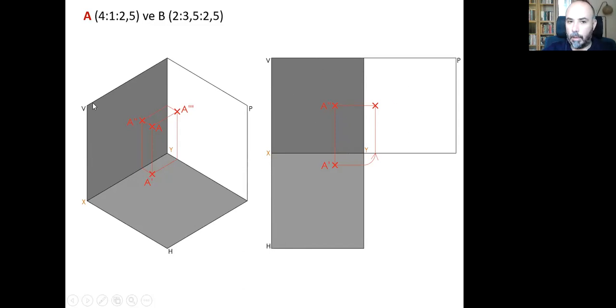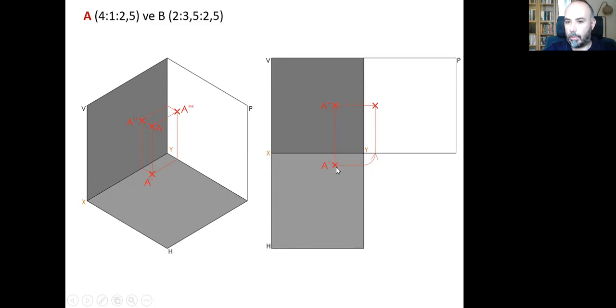And here, the vertical projection plane is represented by this line here. Because of my position, I cannot understand that it's a plane. I just see the upper edge of this plane, so I am seeing it as a line. And this is the same for the profile projection plane. It is represented by this line here.